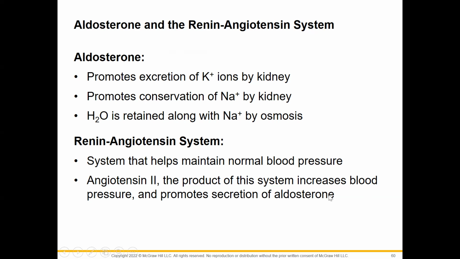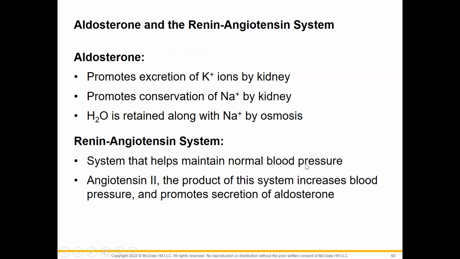As we increase the production and secretion of aldosterone, that aldosterone will then promote the conservation of sodium, which means you are going to retain more water. So that is part of the way that this renin-angiotensin system helps to maintain normal blood pressure.